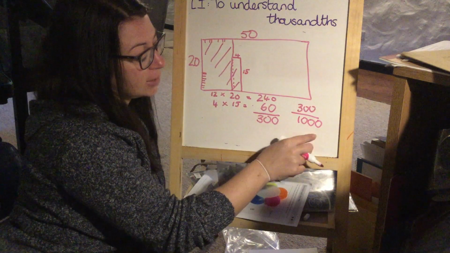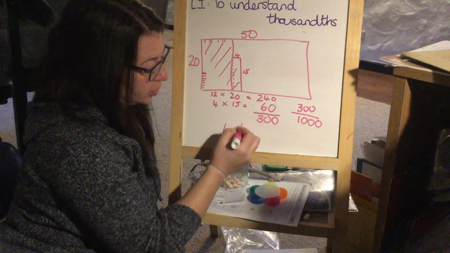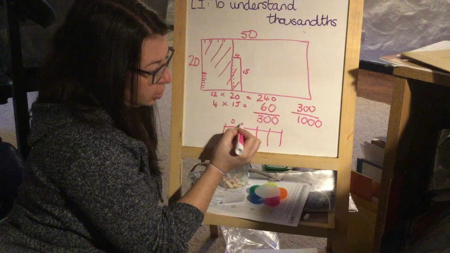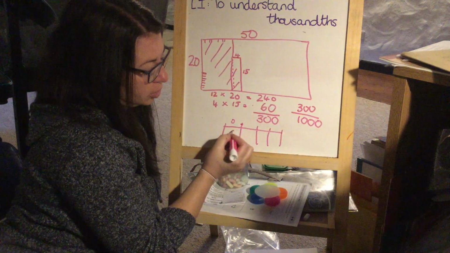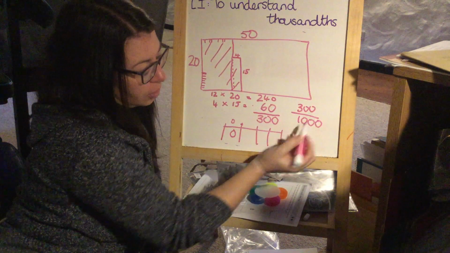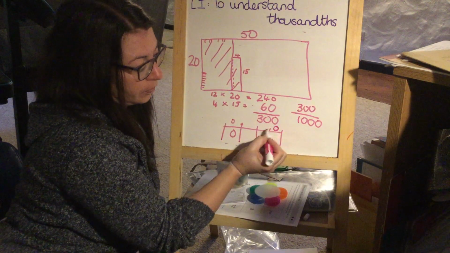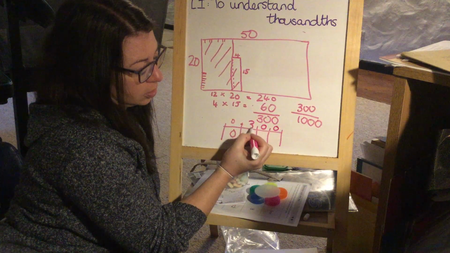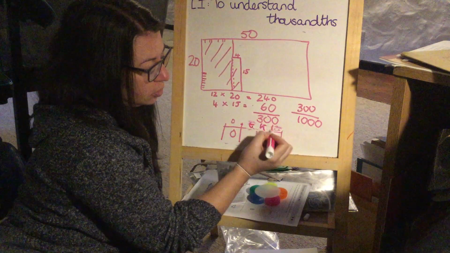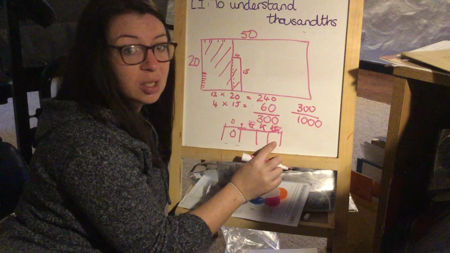To express that as a decimal, if you remember your place value column, you have your ones. We know we don't have any ones because this is not more than 1,000. And we know our thousandths column is where we're going to end because we're saying it's out of 1,000. So tenths, hundredths, thousandths. Our thousandths column has got to be our last number.